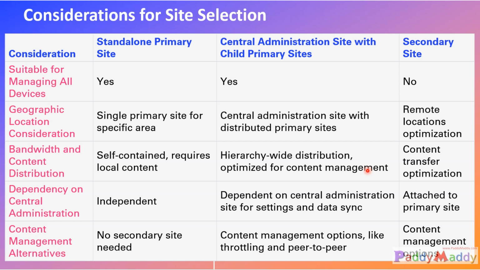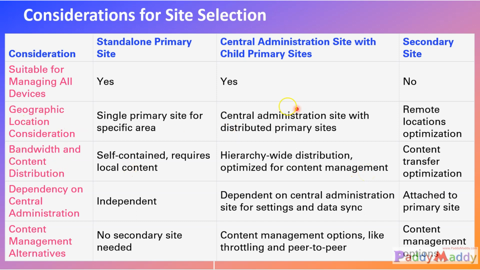You might have to concentrate on more primaries as children, and you could consider one site as the central site, and that's the hierarchy. In that situation you would take the bandwidth and distribution considerations, consider a proper hierarchy design, and optimize your entire content management.